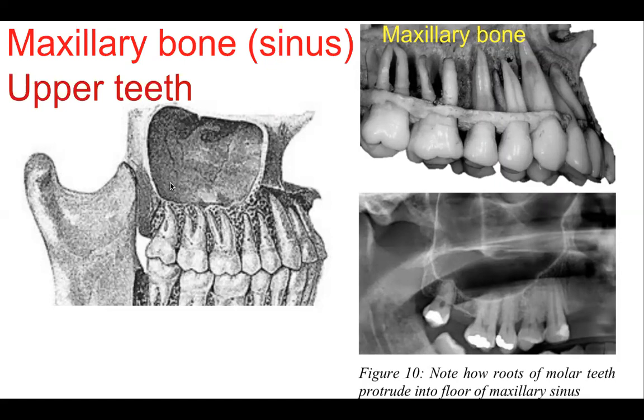As you can see, the maxillary sinus is very close to our upper molar. So you need to be careful so that the molar tooth will not protrude into the maxillary sinus.